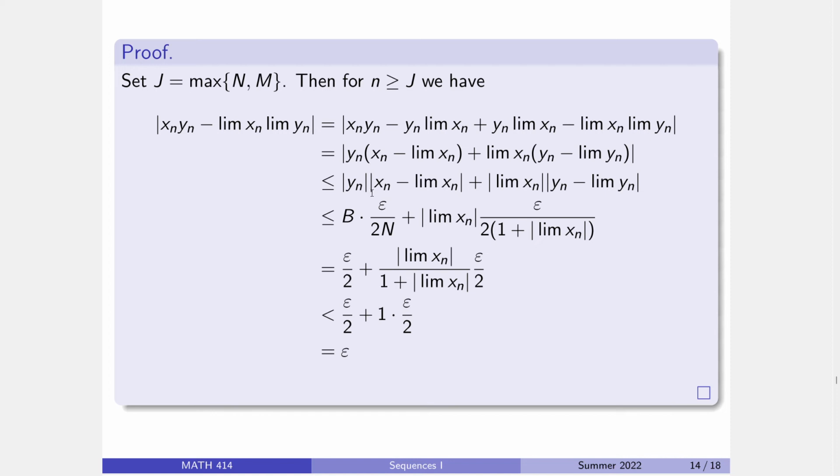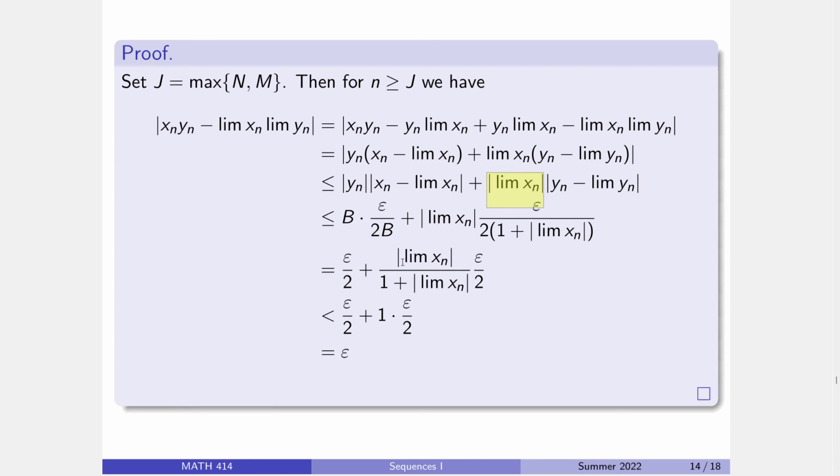Now here we see why we needed to point out that y sub n was bounded, and why we even needed to prove that in the first place. Here the B will cancel out that B, and that gives me an epsilon over 2. And now here we see why I needed to sneak this in, because now I've got this absolute value of this real number. This fraction right here, I don't care what the actual absolute value of this is.